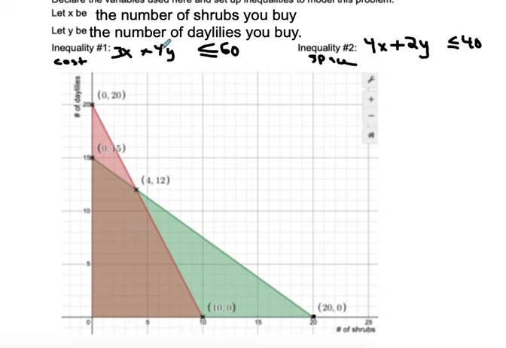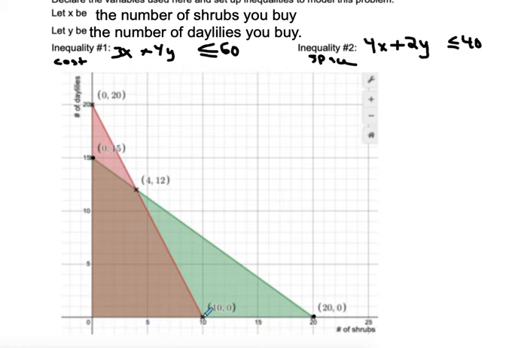Or if you reverse that and you only want to buy daylilies, you could buy 15 daylilies. 4 times 15 is how I get to 60. So those 2 points right here on this green inequality connected through the line and all of the points that are shaded below it, that green inequality represents all of the things that are going to keep your cost under $60. Whereas the space inequality is given by this red one.